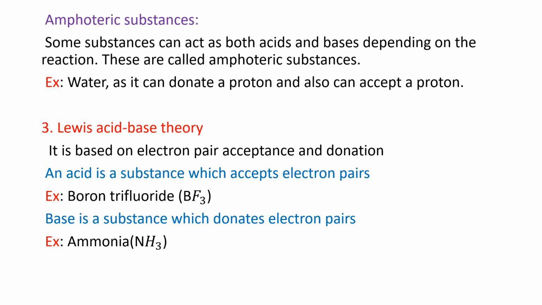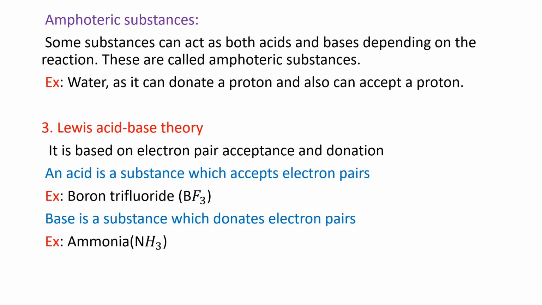By the combination of a Lewis acid and a Lewis base, we are going to see the formation of an adduct. Now this theory also has some limitations, like it won't explain the acidic nature of HCl, sulfuric acid, etc. In the same way, it won't explain the basic nature of calcium oxide, NaOH, etc.